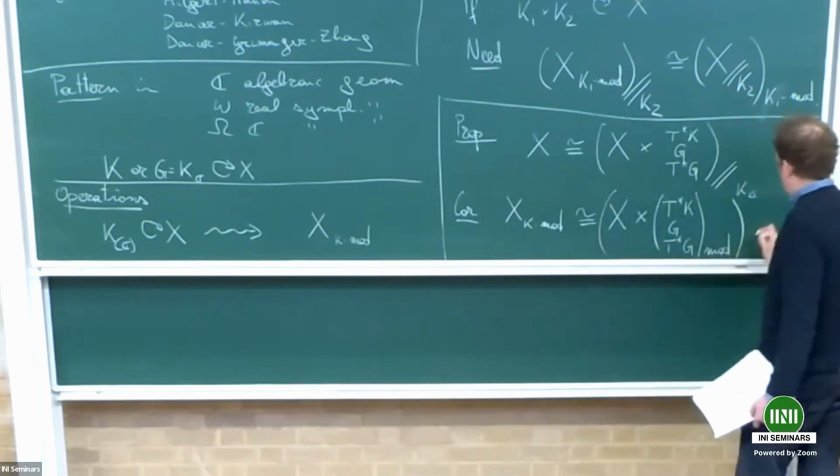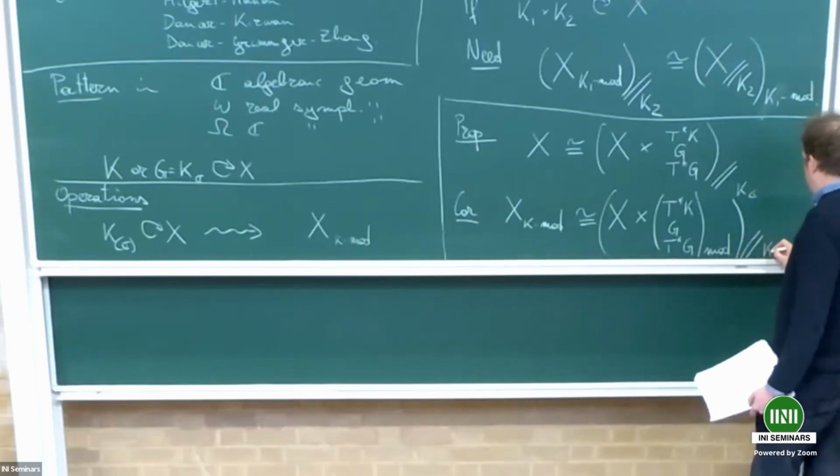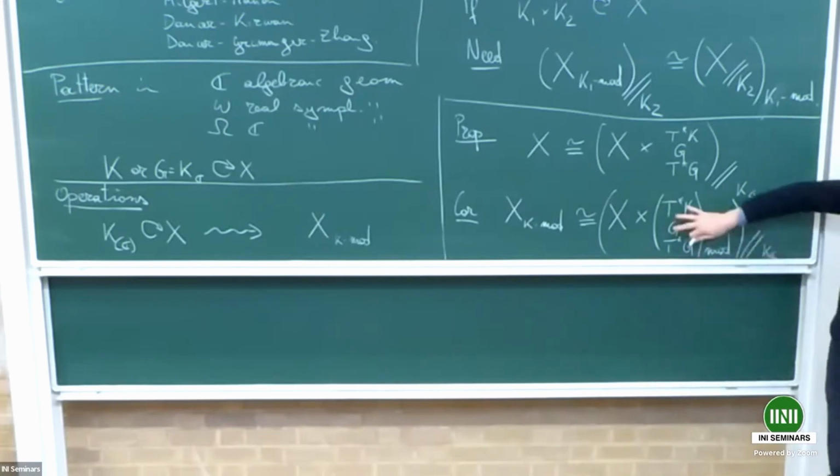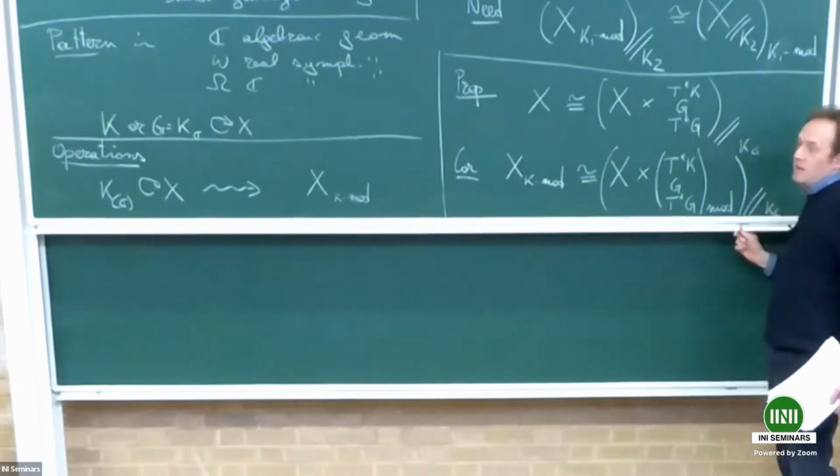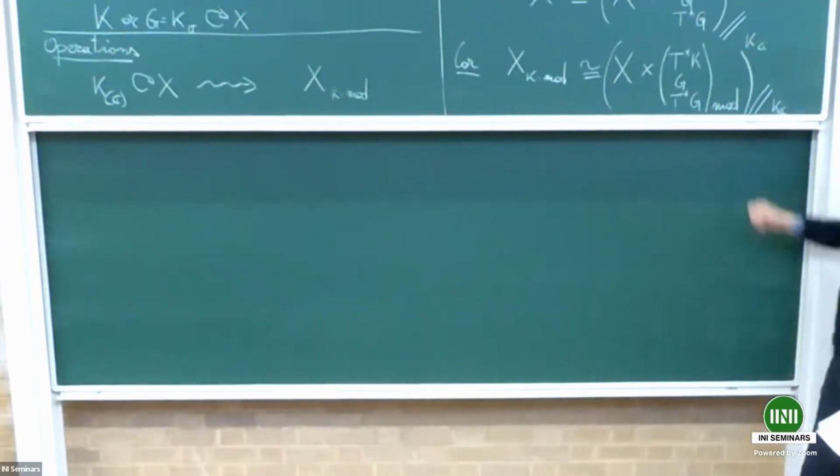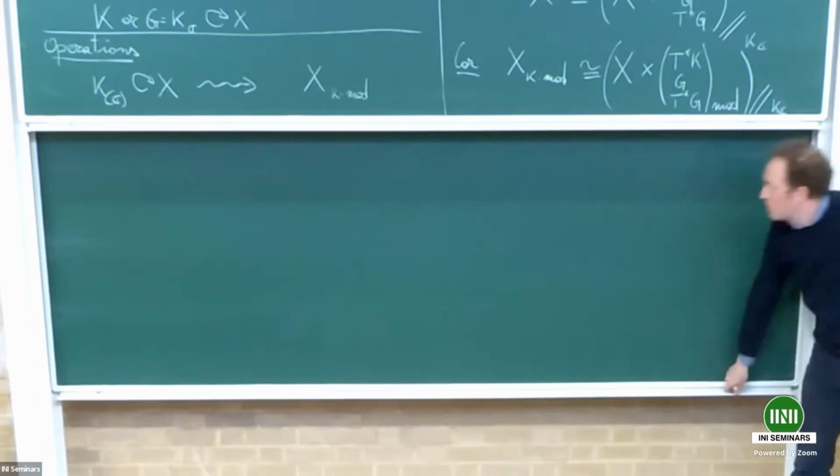Take this product and you reduce this. So what this tells you is that you really have to understand what is happening just for these spaces, and that is enough to see what is happening in general.